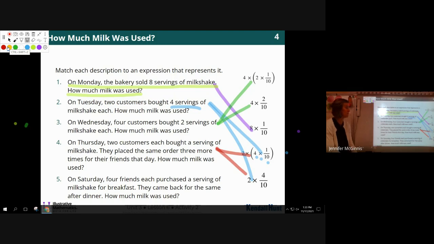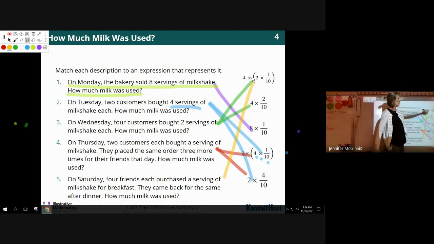Olivia. 8 times 1/10. Yeah, but they got a serving before dinner and a serving after dinner. So how many tenths is that? 2 tenths. 4 times 2 times 1/10. We have 4 friends here, right? And they get a serving before dinner and a serving after dinner. So is that 2 different servings for 1/10 each? Yeah.